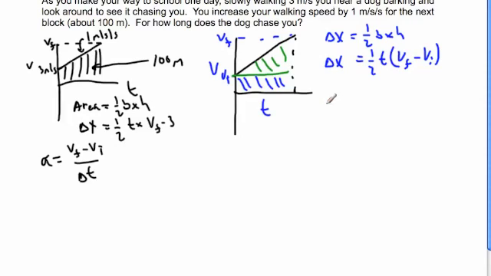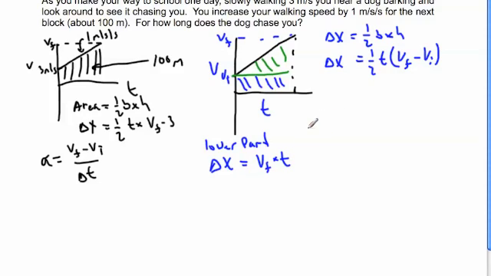And the lower part here, the rectangle, has area base times height, or VF times T.